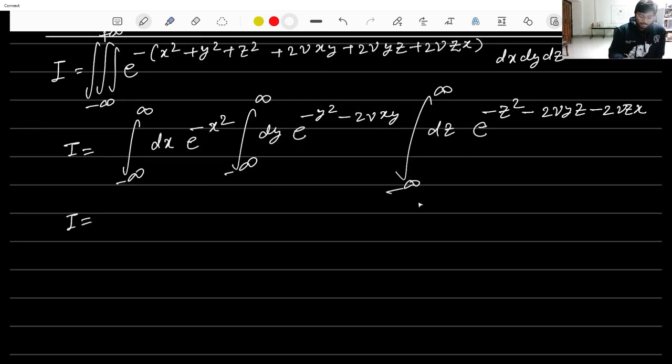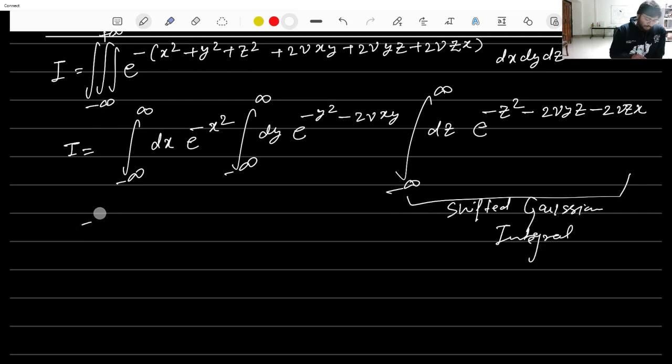So this part is a shifted Gaussian integral. So how would you write it like this?